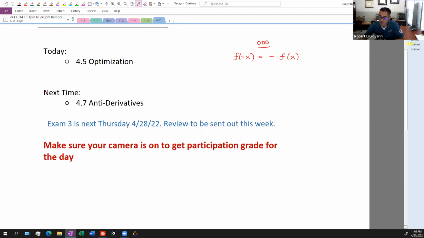Okay, we ended the class last time and I asked you to take a look. Today we're doing optimization. Next time, antiderivatives. This is the last bit of material that would be on the test, but I'm not going to put optimization on the next test. I'm going to put it on the final.